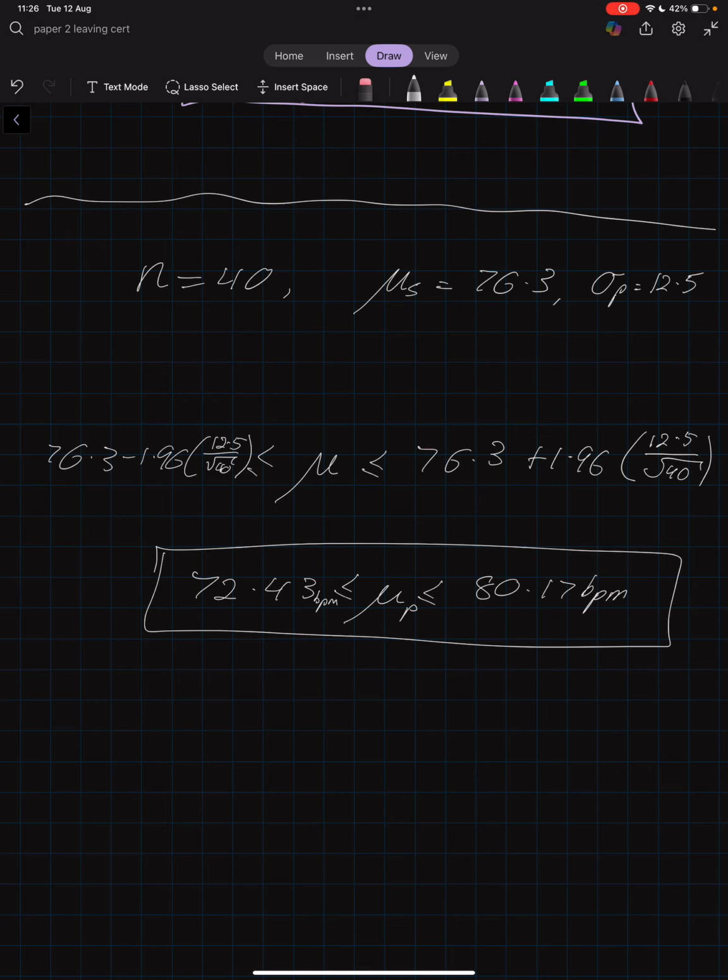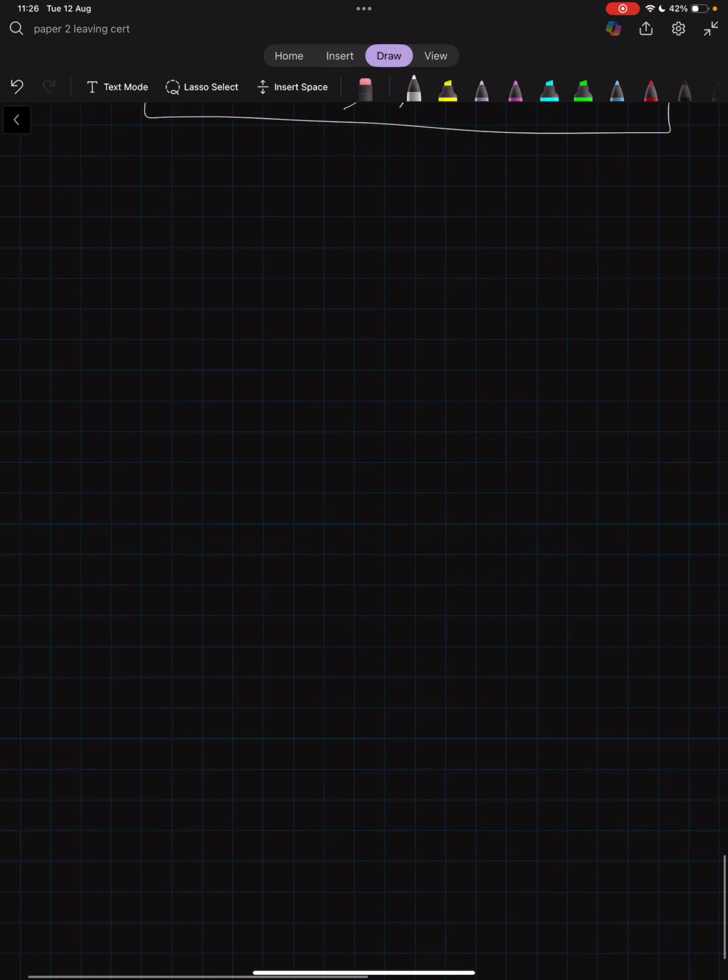All right, so the next thing I want to do is estimating a population proportion. So the population proportion, basically, this is what you'd use when you say, okay, so let's say you did a sample of voting in your school or whatever, and you said, okay, well, 20% of people voted for Sinn Féin and 80% of people voted for Fianna Fáil.